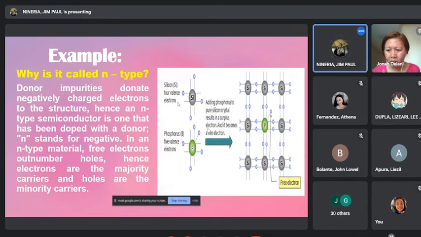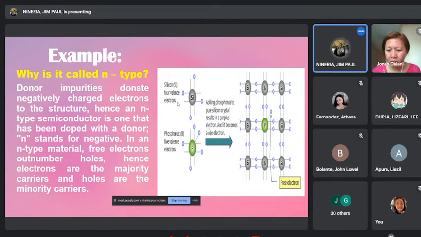And then the process of adding impurities. So you will know what impurities are, for both the N-type and P-type. Okay, so let's focus on N-type. The process of adding impurities to the semiconductor is called doping. So doping is adding impurities to an element.